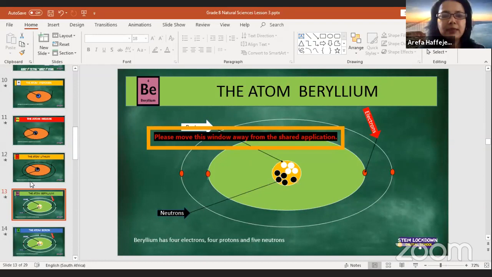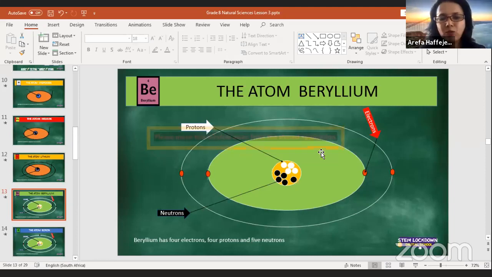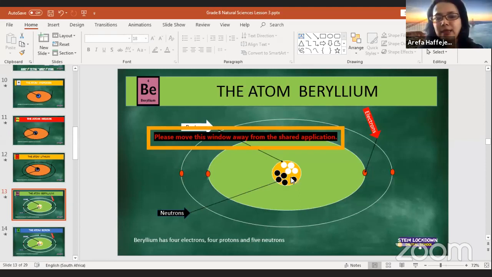So in beryllium, we have it. If you look here at the symbol, it has the number 4. So this 4 means that it has 4 protons inside the nucleus, and with 4 protons, it comes with 4 neutrons. Remember, the neutrons there are preventing the protons from repelling against each other, and at the same time it's allowing the electrons outside to attract with the protons inside and to move in harmony.